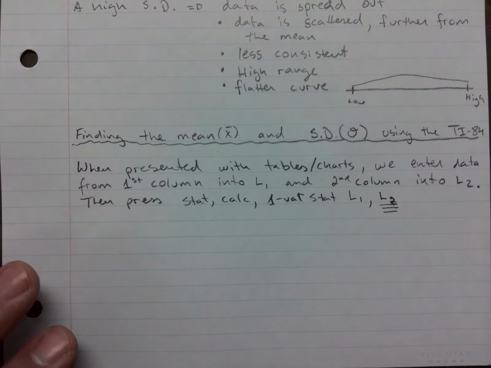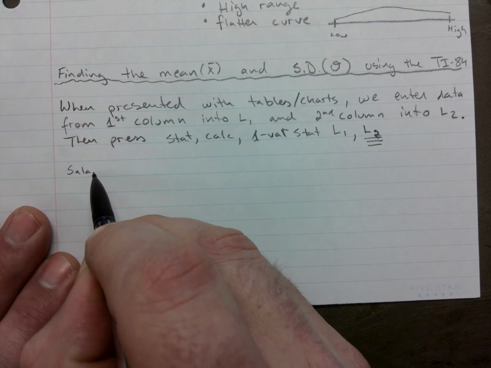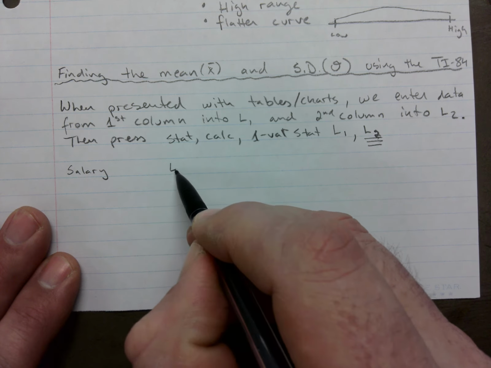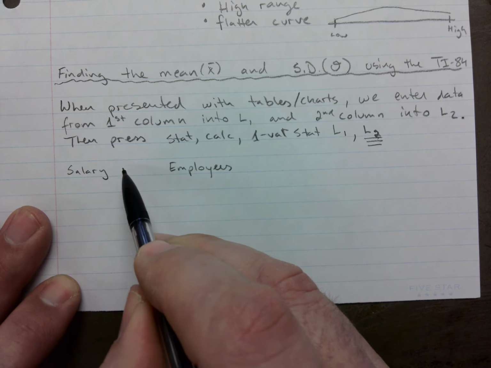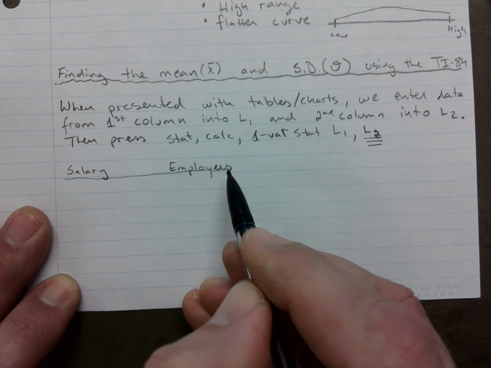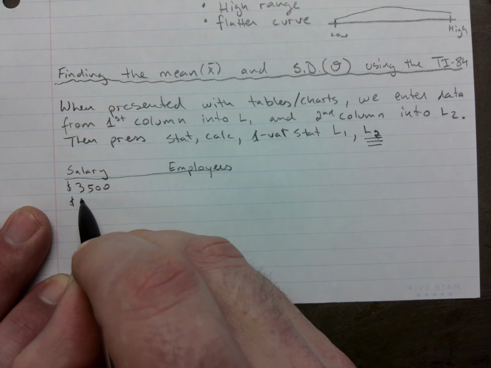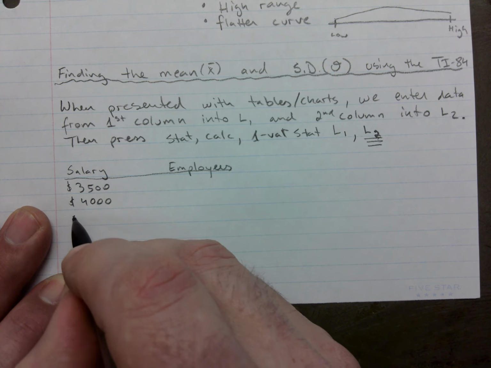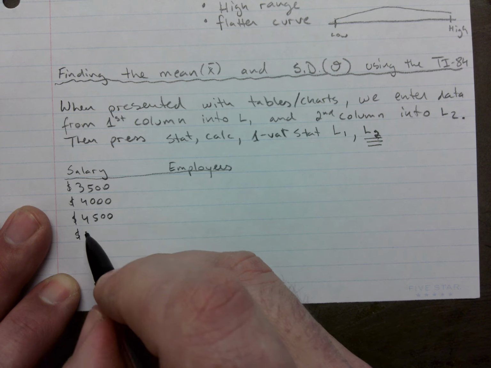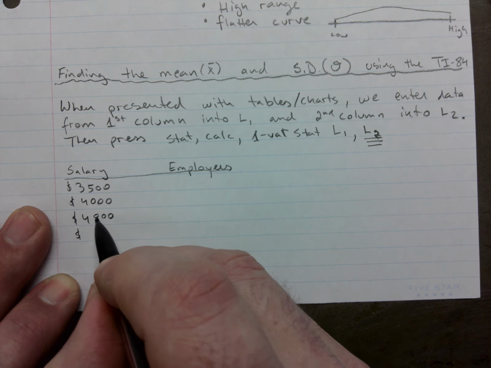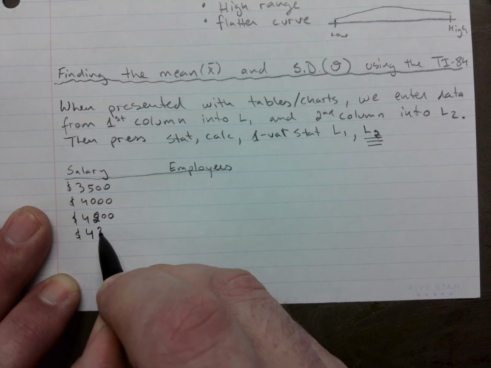Okay, so here's a table for you. And I will just summarize it, right? So let's say we have salaries of employees, right? And how many employees fall in that category. Okay, so let's just have the headings for now. And so let's say we have 3,500, 4,000, 4,500, actually 4,200, 4,300.